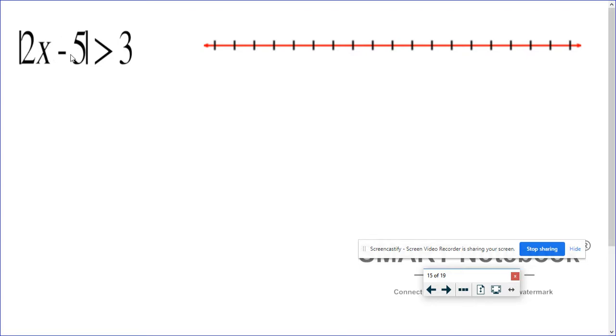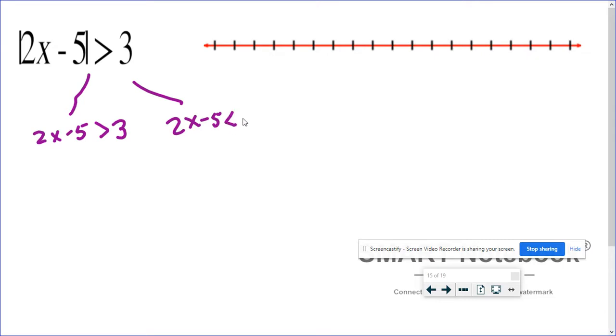No need to do anything with the absolute value bars. They're already isolated, so I can just go ahead and split. So 2x minus 5 is greater than 3, and then 2x minus 5 is less than negative 3. I'm going to add 5 to both sides. 2x is greater than 8.